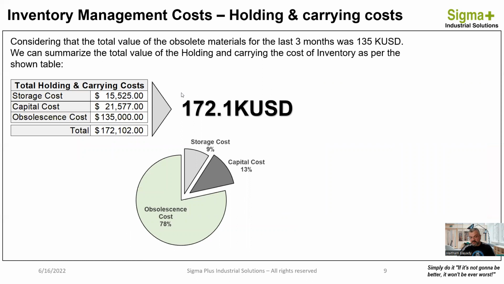So, considering that the total value of the obsolete materials for the last 3 months was $135,000, if we refer to the same example that we were speaking about a few minutes ago, we can summarize the total value of holding and carrying the cost of an inventory in the shown table.